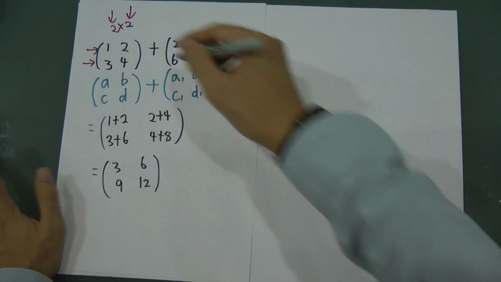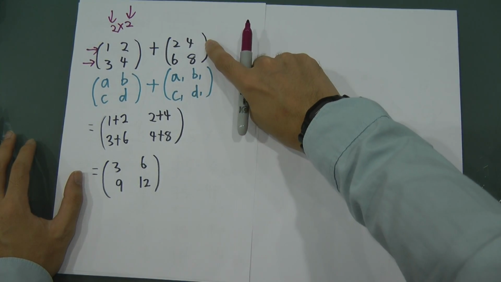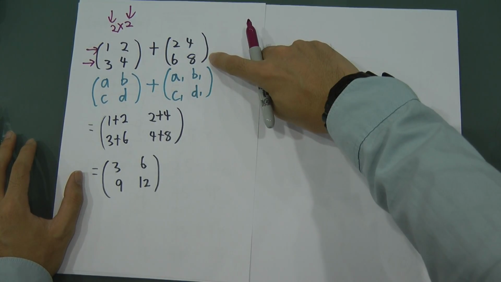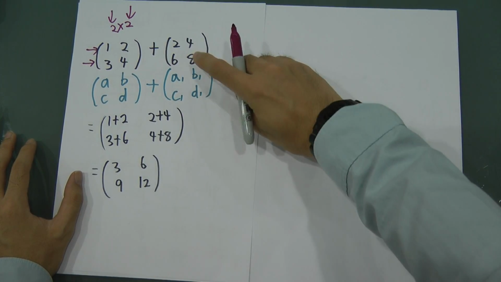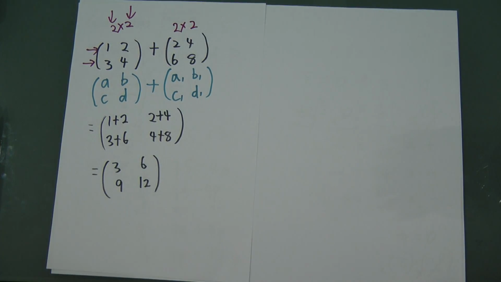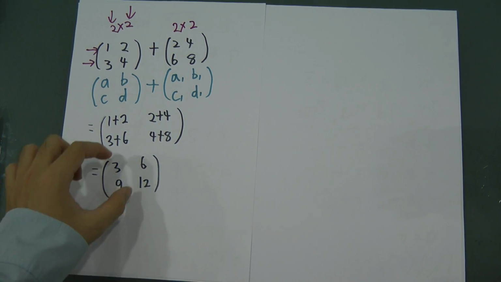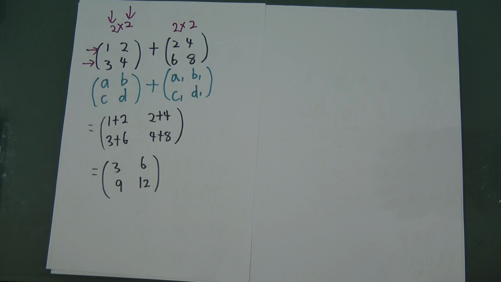For example, in this matrix, how many rows do you have here? 1, 2. This is what we call row. Column will be 1, 2 also. So this we call 2 multiple 2. Therefore, for plus and minus, the matrices must have the same order, then only you can do plus and minus.